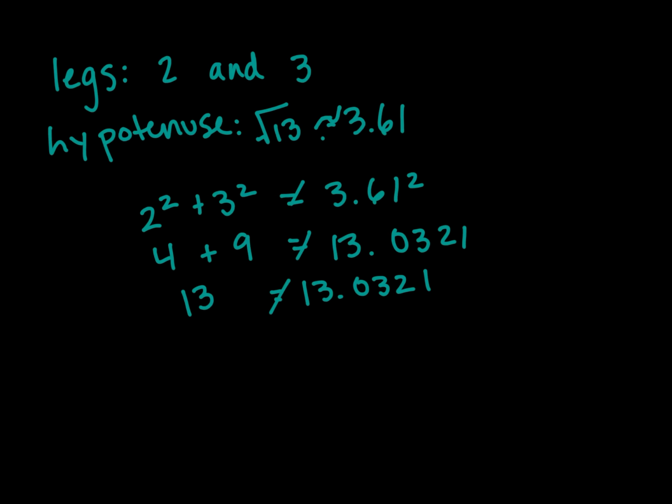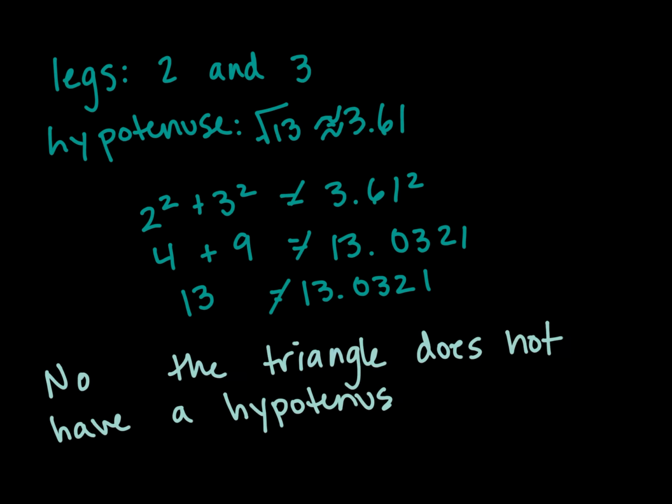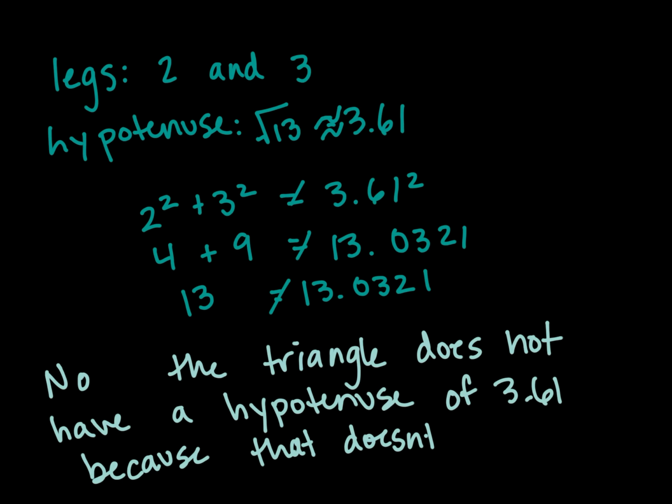So we're going to say, no, the triangle does not have a hypotenuse of 3.61 because that doesn't form a right triangle.